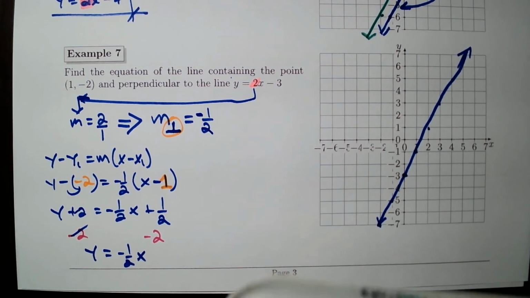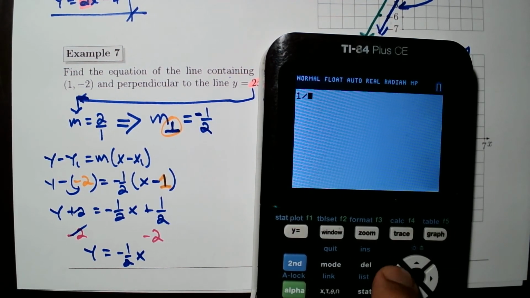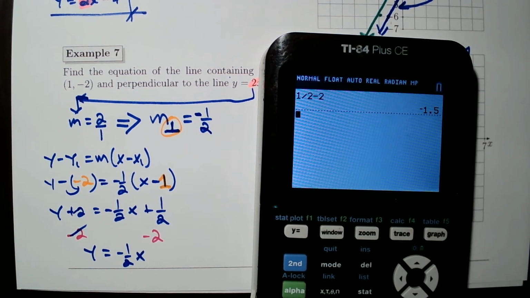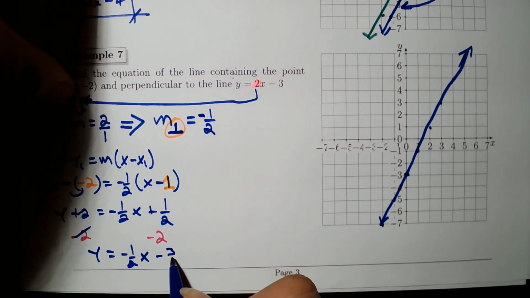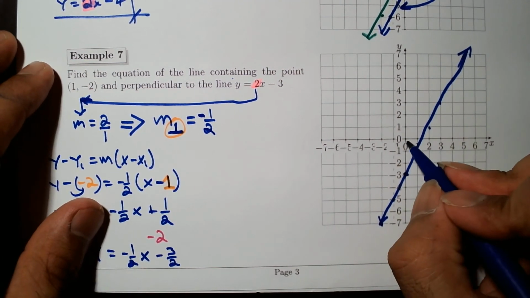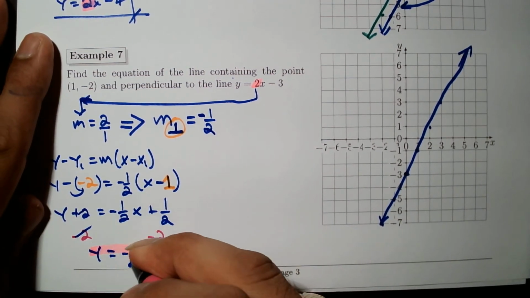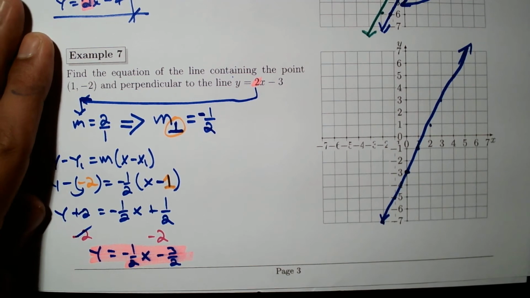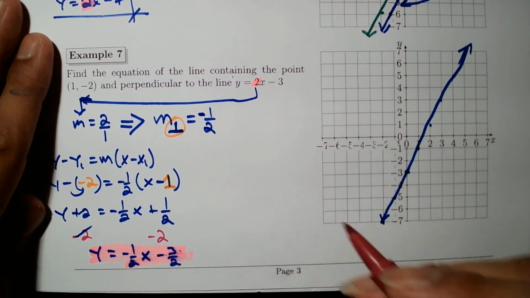If you want to use a graphing calculator for that calculation, 1/2 minus 2, enter, you're going to get a decimal. Let's frac it. Negative 3/2, which in this case I'm going to use as negative 1.5, right here. Let me highlight this with pink, and I'm going to use that same color for the perpendicular line.